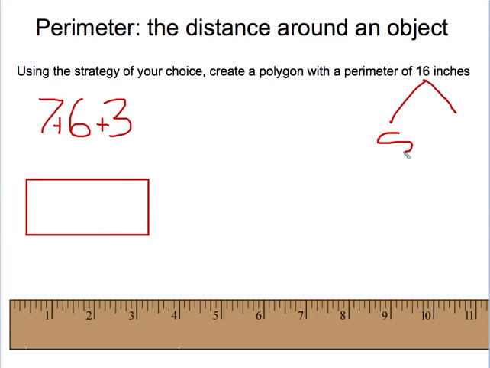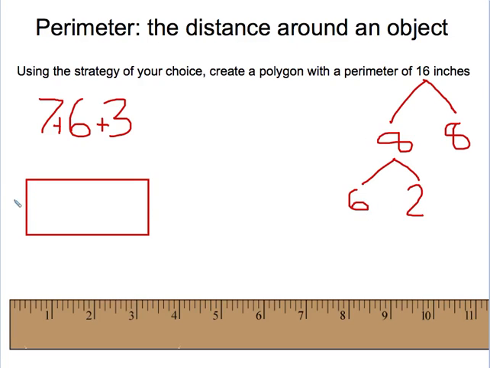Well, 8 plus 8 equals 16. So that means this short and long is going to total 8, and this short and long is going to equal 8. Then you need to divide it again, and you have to think about what do I want my short side to be, and what do I want my long side to be. Maybe in this case I want my long side to be 6 and my short side to be 2, because 6 plus 2 equals 8.